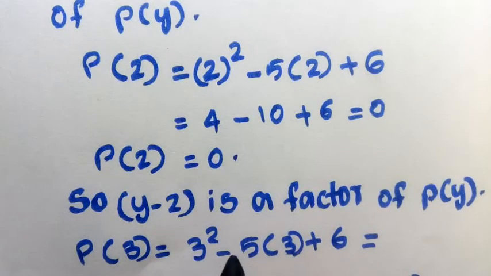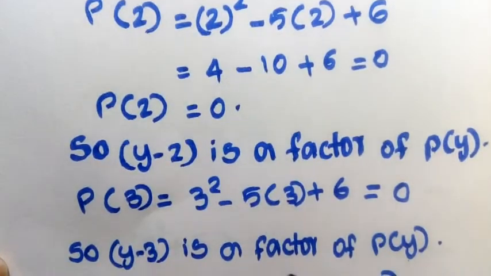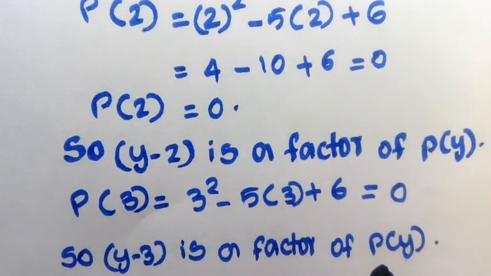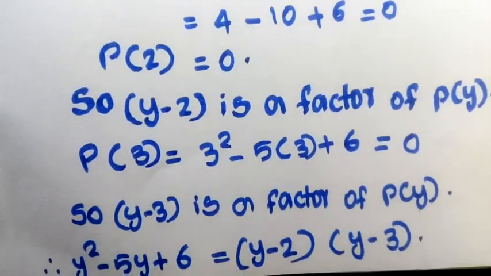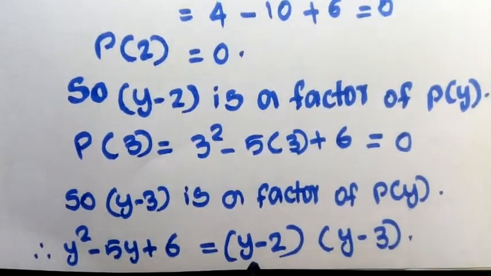So 9 minus 15 is minus 6. Minus 6 plus 6 is equal to 0. So we got p of 3 is equal to 0. Therefore, y minus 3 is a factor of p of y. Therefore, y square minus 5y plus 6 is equal to y minus 2 into y minus 3.